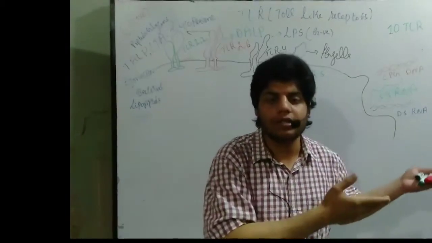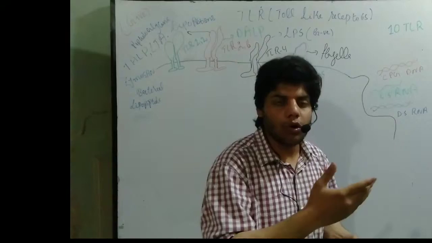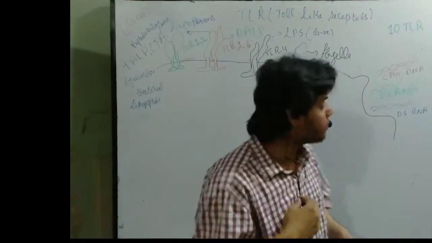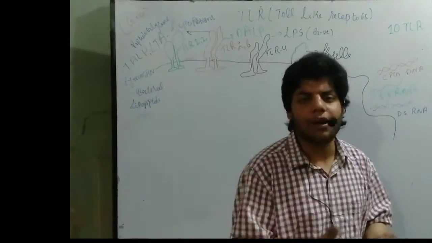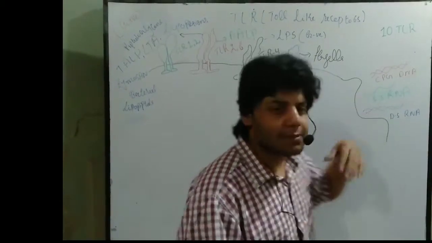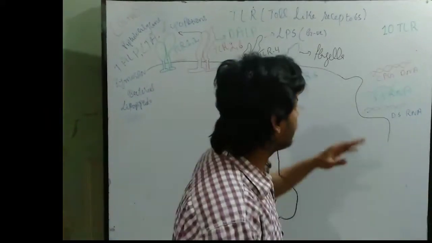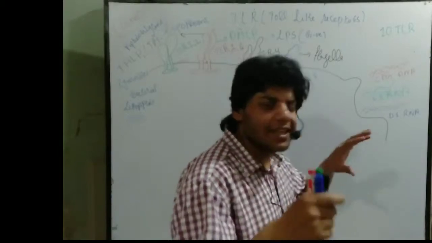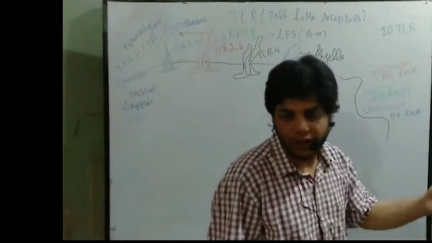Now what is this DNA? It would also take an hour to explain because it is a separate lecture. I will explain it in some other video. For now, just consider that it is DNA.